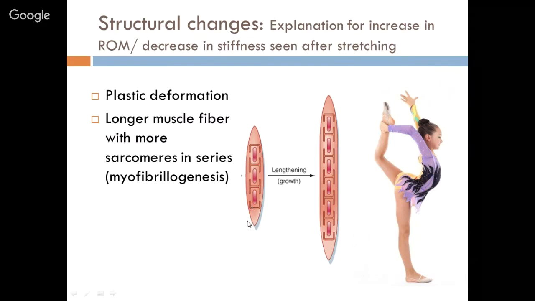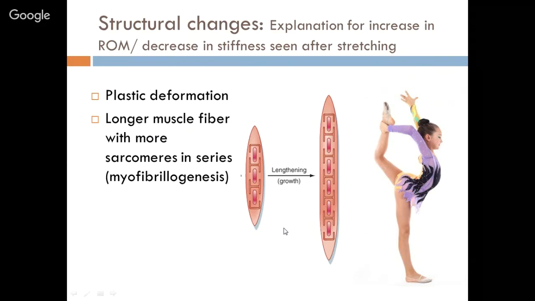A muscle which is short often lengthens by adding more sarcomeres in series, right? In some studies, they've also seen that the sarcomere length is increased. But this change, that is a permanent change, is not often reported in studies in which stretching is seen.